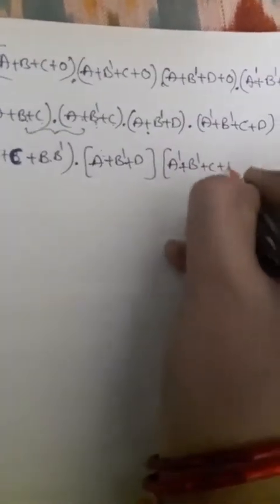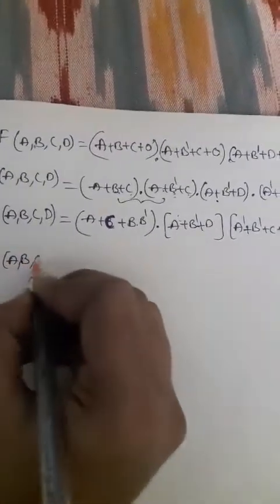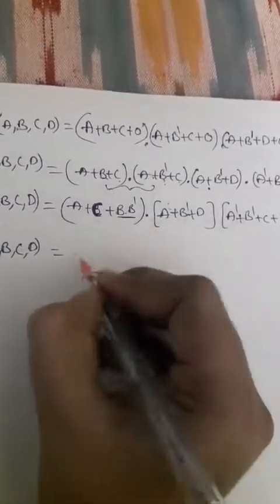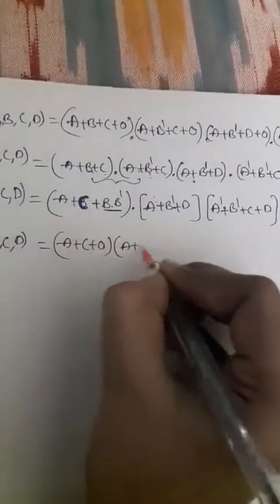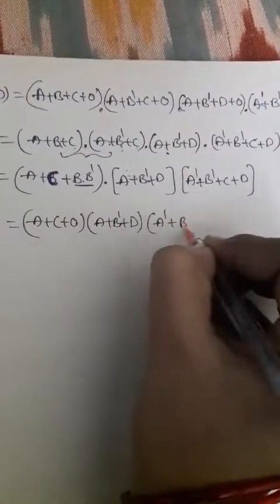So A complement plus B complement plus C plus D. Okay, so f of A, B, C, D is equal to, here B into B complement we will write as 0. So (A plus C plus 0) and (A plus B complement plus D) and (A complement plus B complement plus C plus D).